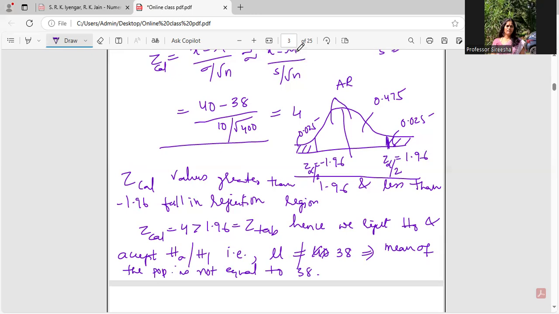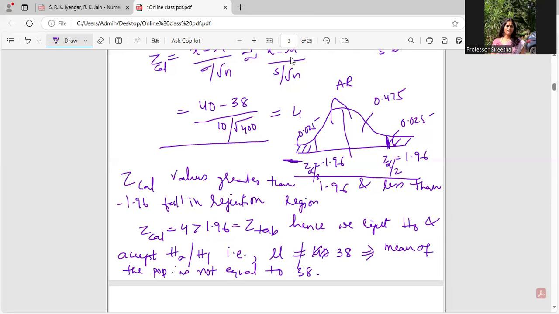Of course, you should have the Z tables with you. If they are provided, then you need not find the area of 0.475 in the table. But please make sure you write this version of the rejection and acceptance region to avoid type 1 or type 2 errors while concluding, because the conclusion also has some weightage.